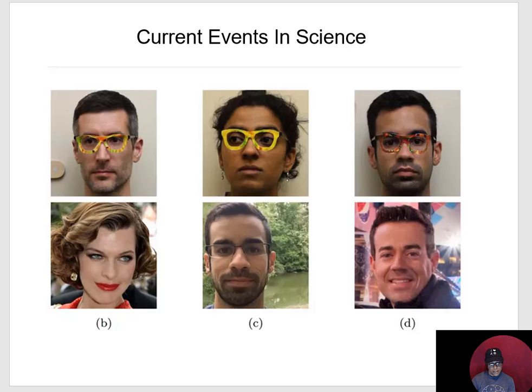Here's one where, again, they came up with these adversarial glasses, which look kind of strange, right? They just look like yellow glasses with some stripes on them. But it turns out when you're wearing these glasses with these different stripes, because of the training data, the facial recognition software will think you are certain celebrities, which is so funny.